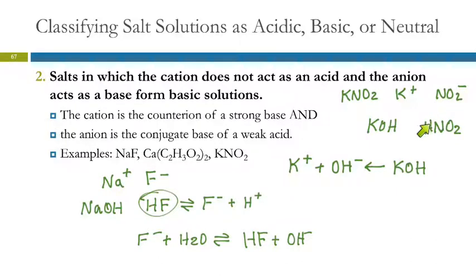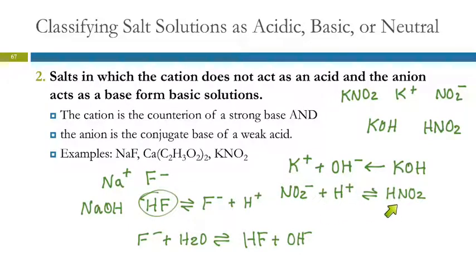If we look at this one, NO2 minus, we put NO2 minus into some water, and there are hydrogen ions present in the water, and so we can envision this forming an acid. This is the conjugate base. Here's our acid. Then we look at what kind of an acid it is, strong or weak? It's a weak acid, right? Because it's not one of the six. So weak acids, when they ionize, it's in equilibrium.